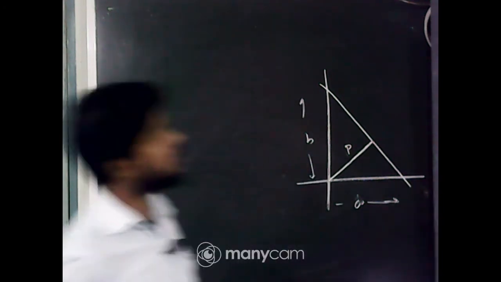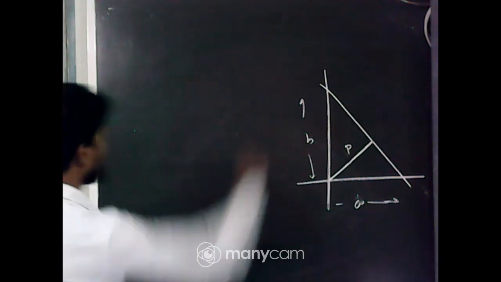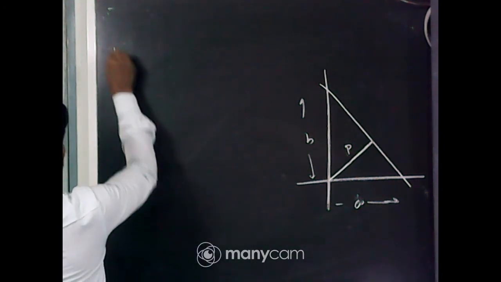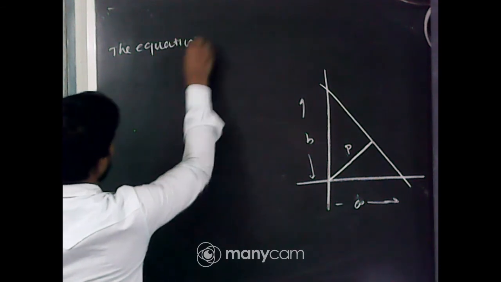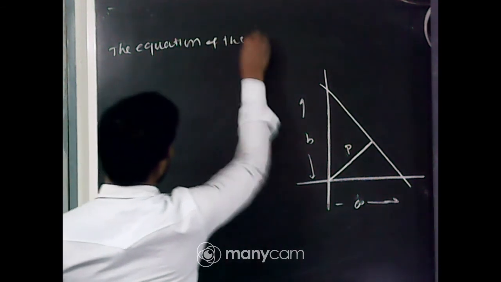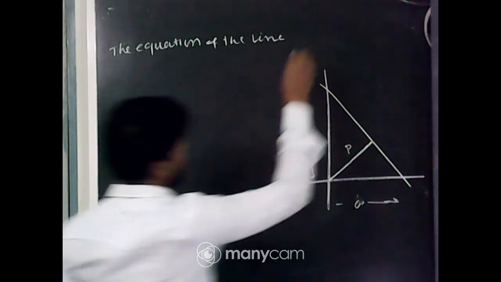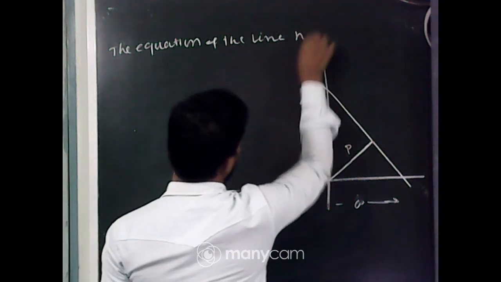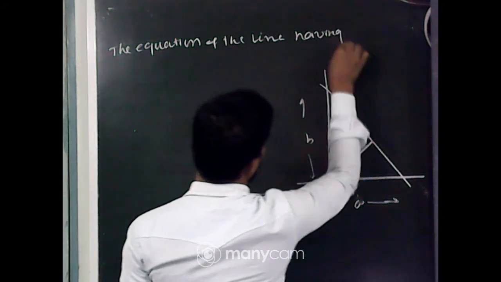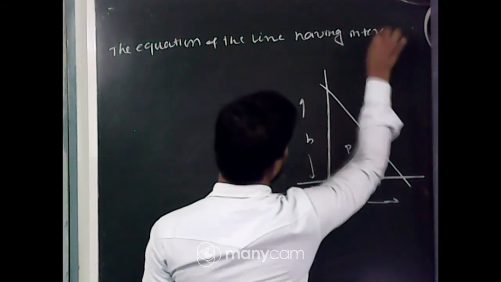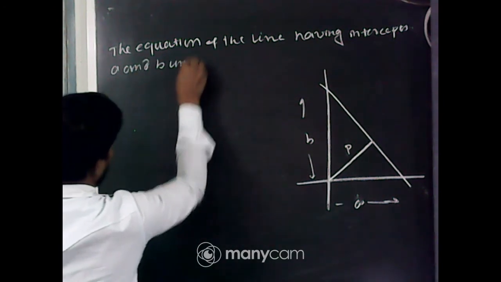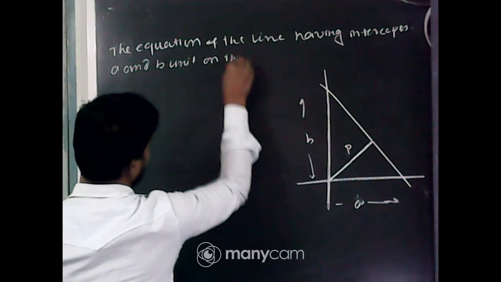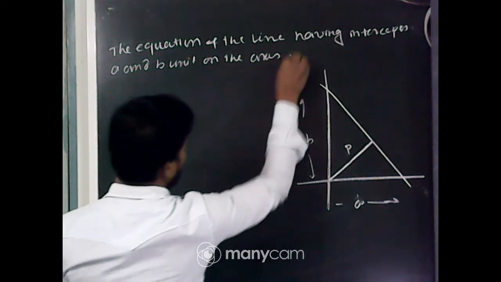Now look, if the line makes intercepts a and b with the x axis and y axis, then what will be the equation of the line? So we will write the equation of the line having intercepts A and B units on the axes.